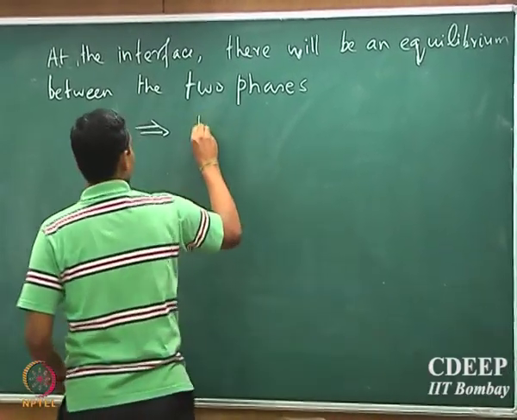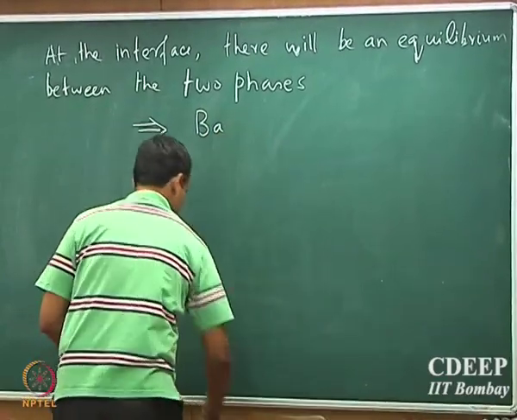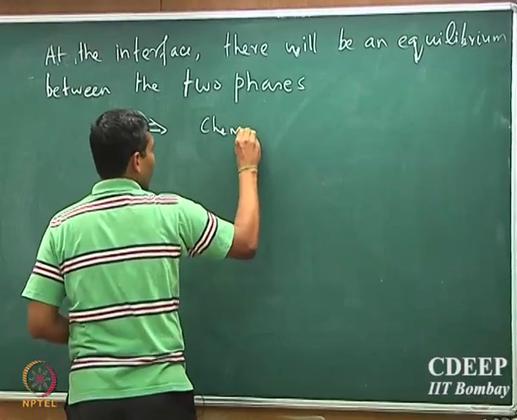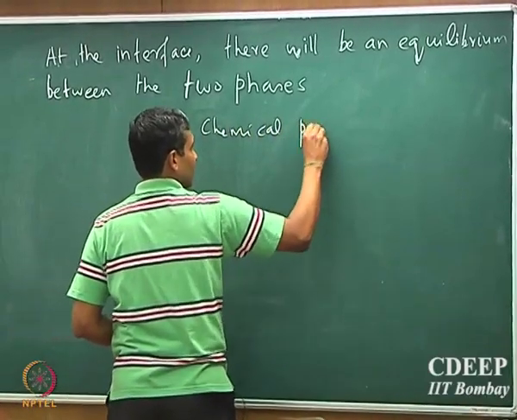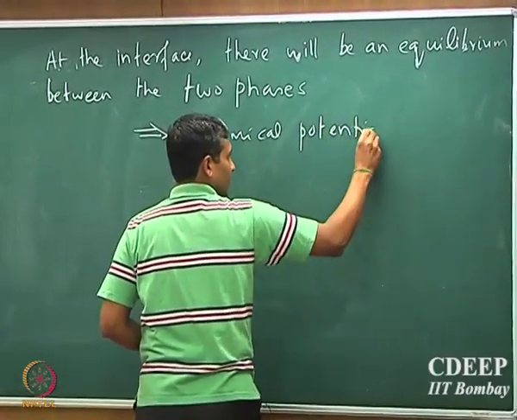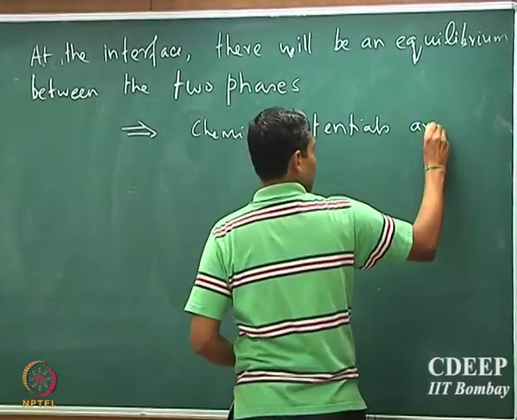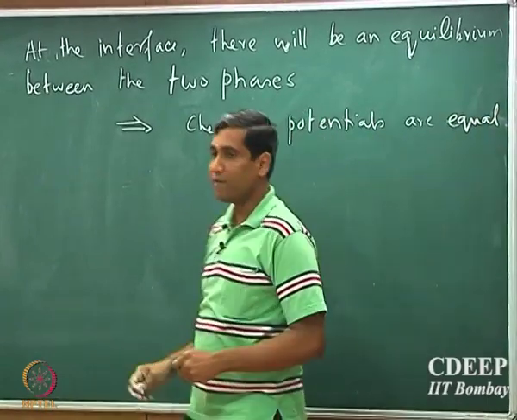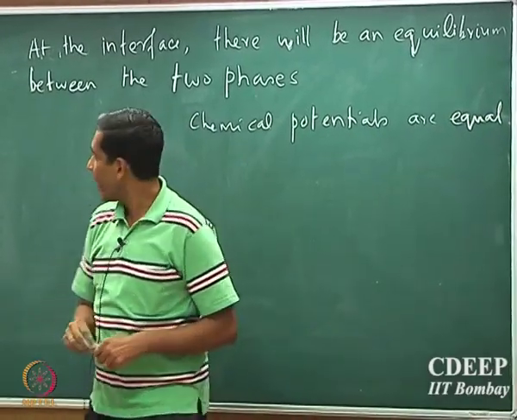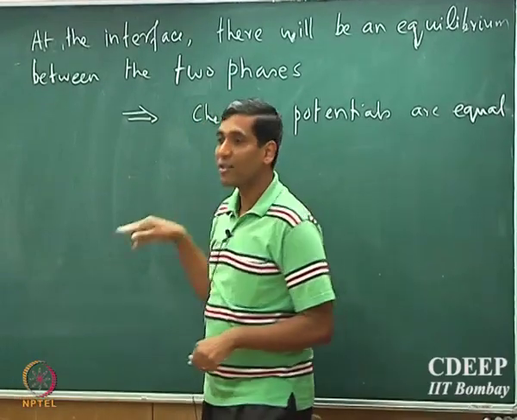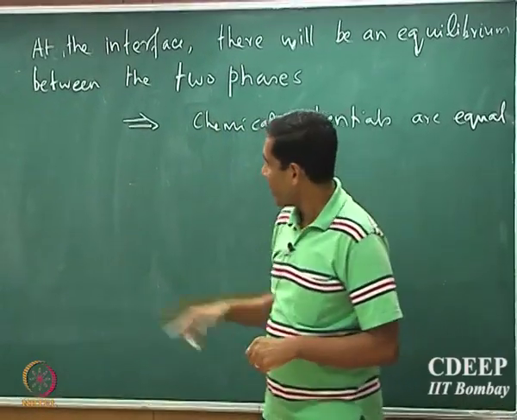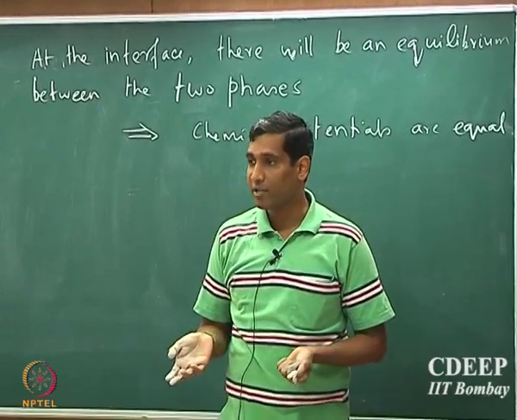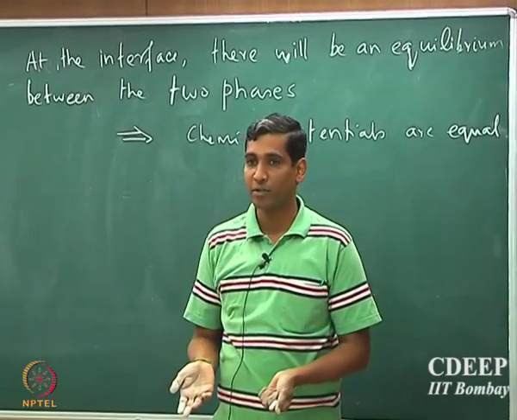So the chemical potentials are equal at the interface, and therefore if you actually balance the chemical potential, you will find that C_AS is actually not the bulk concentration, it's actually the equilibrium concentration.